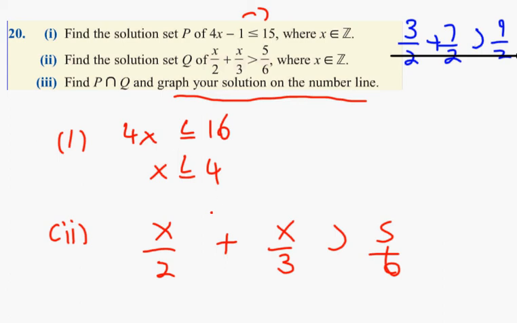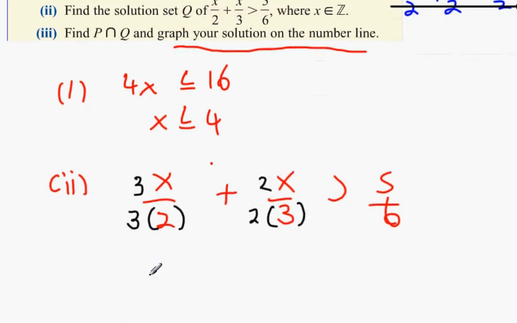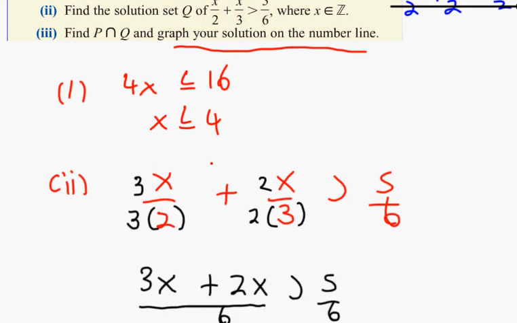Okay? So what we're going to do here is we're going to modify all this until we get a common denominator of 6. To turn 2 into 6, we multiply top and bottom by 3. To turn 3 into 6, multiply top and bottom by 2. So what we're going to get is 3x plus 2x all over 6 is greater than 5 over 6.